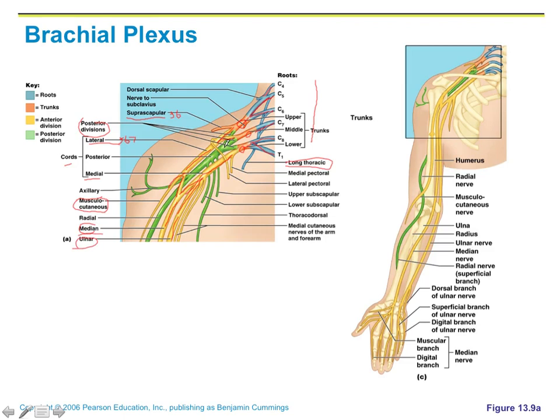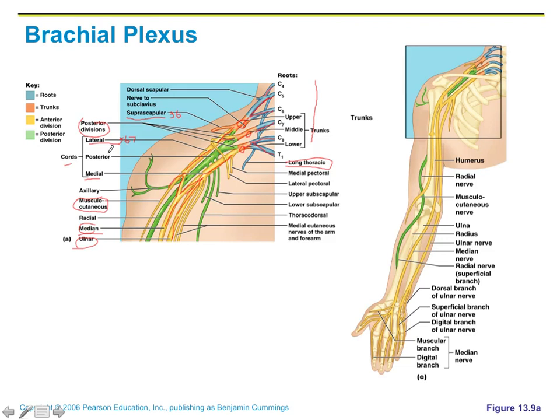Now let's take a look at the posterior division. Again, the posterior division is from C7. The posterior division unites with the branches from the anterior division to form the posterior cord.